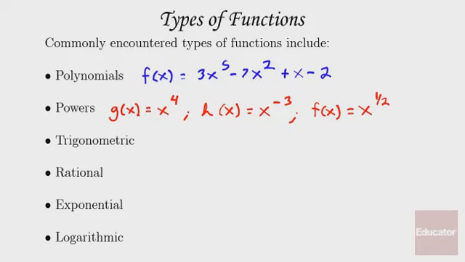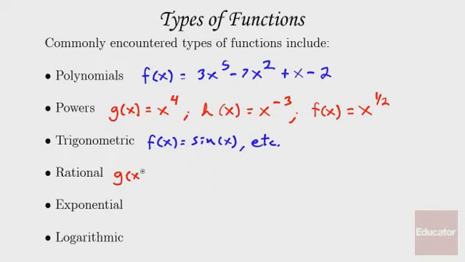The trigonometric functions are the 6 trig functions that you're accustomed to. So things like f of x equals sine x, f of x equals cosine x, f of x equals tangent of x, or cotangent, secant, or cosecant. Rational functions are ratios of polynomials.